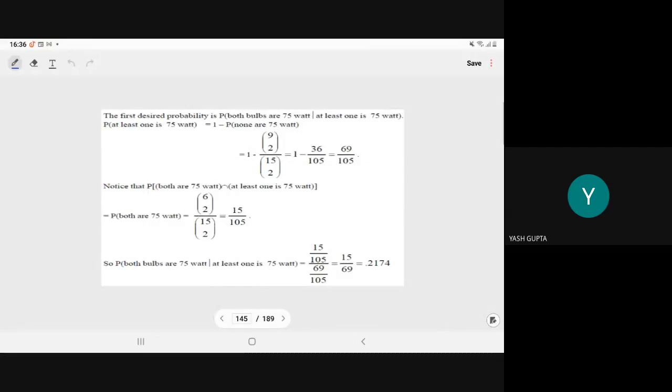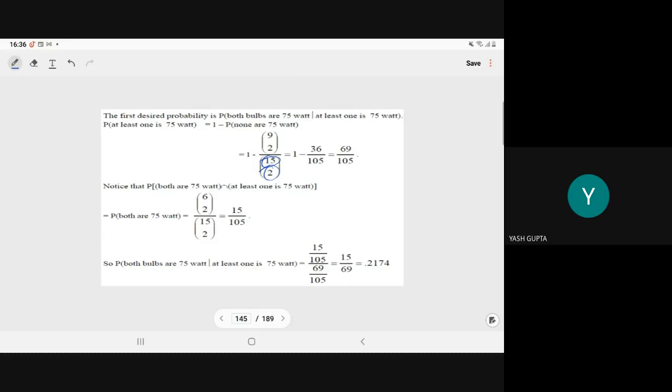When we have to compute the probability of at least one 75 watt, it means it is 1 minus none is of 75 watt. In total we have 15 bulbs, 4 plus 5 plus 6. Out of the 15 bulbs, we have chosen 2, that is 15C2, and none are of 75 watt.